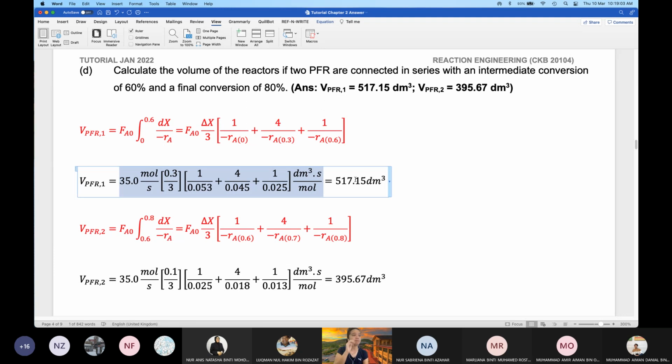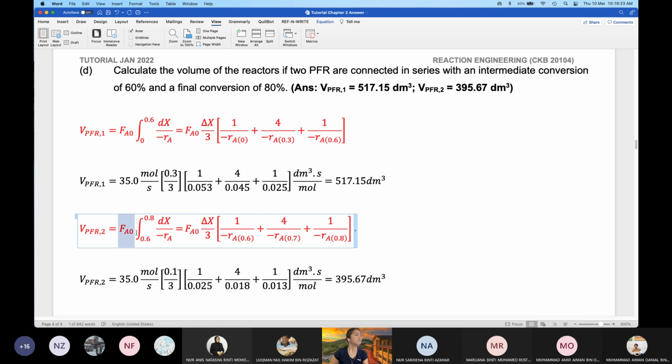So similar concept. First PFR, normally students don't make mistakes because the first PFR is actually the same as a single PFR. Problem only comes at the second reactor. Always the problem comes at the second reactor. Now let us calculate the second reactor.